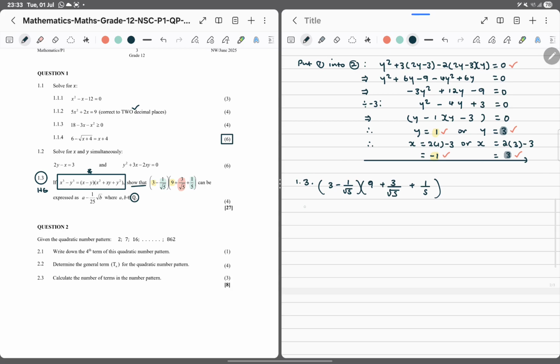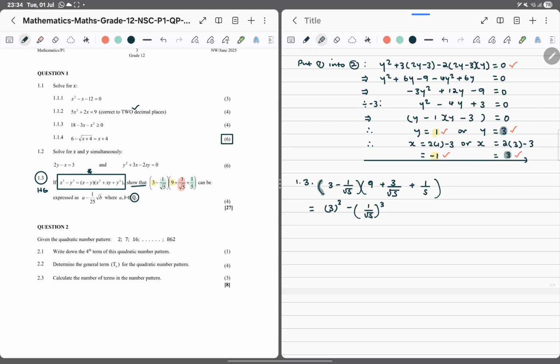Alright, so that is the 1. So this is equal to, so this is the difference of 2 cubes. So we show that. This is what this is going to be. So basically 1 over square root 5 cubed. Oops, no. I'm talking about 3 and I'm cubing.